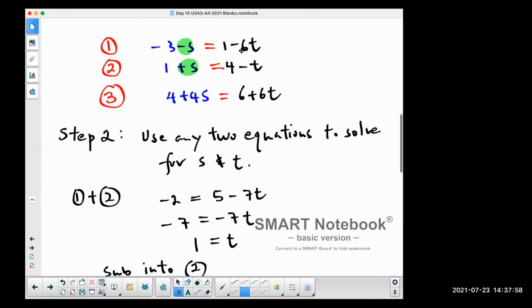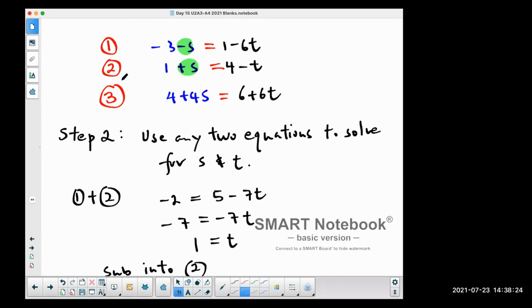Well, you only have 2 variables, so you don't need all 3 equations to solve for 2 variables. So you're going to pick any 2. It doesn't matter which 2 you pick. Pick any 2 equations and do elimination or substitution, something you learned back in grade 10, to solve for the variables. So here, I use elimination because I see a negative s and a plus s.